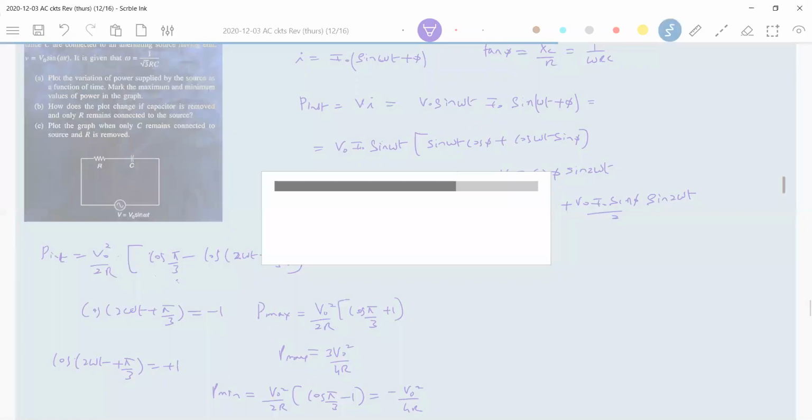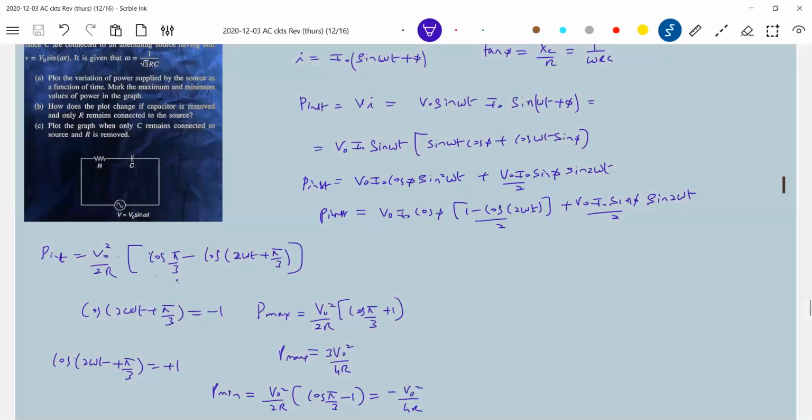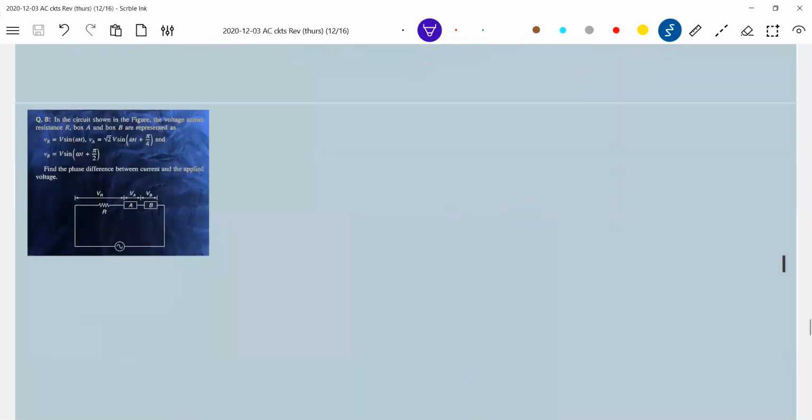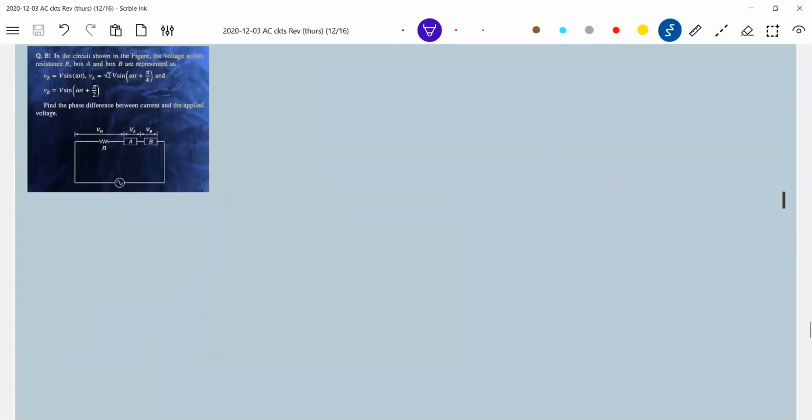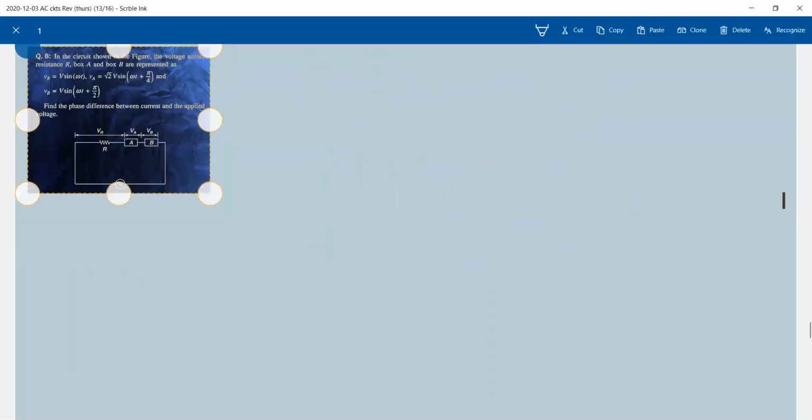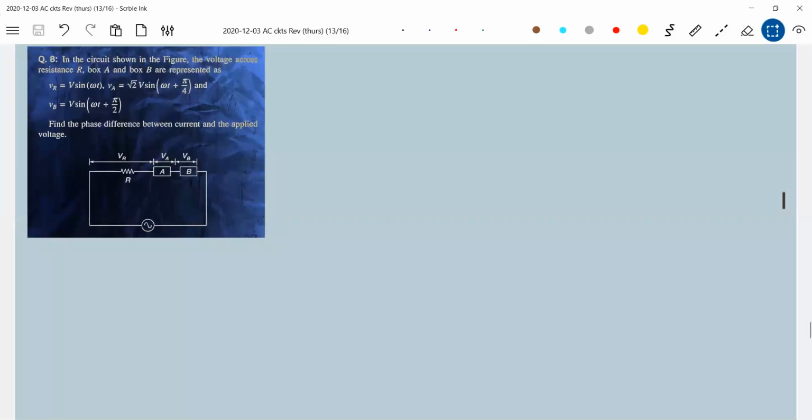The options B and C, we know that information. So let's take this one. The drop across the resistor, so I think it's better to take help of a phasor diagram.